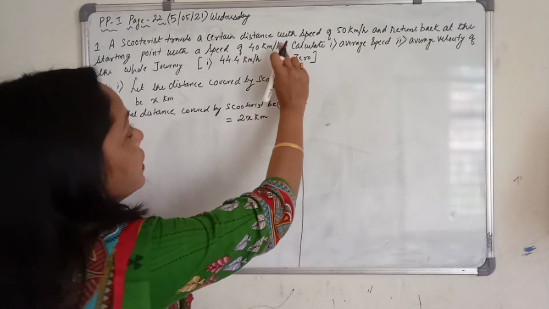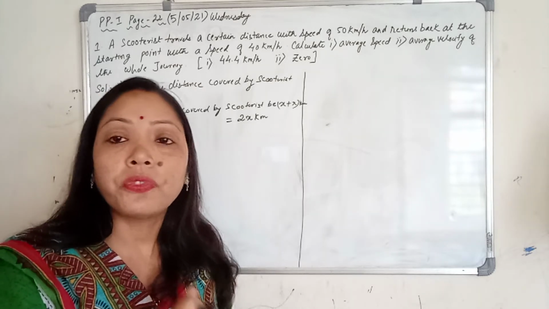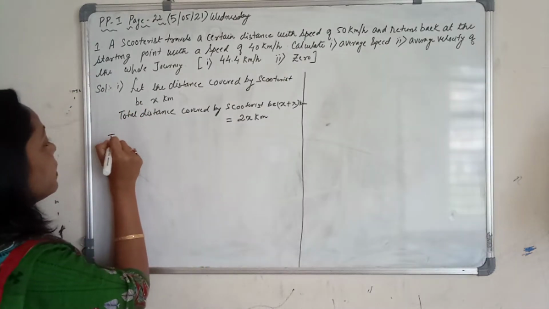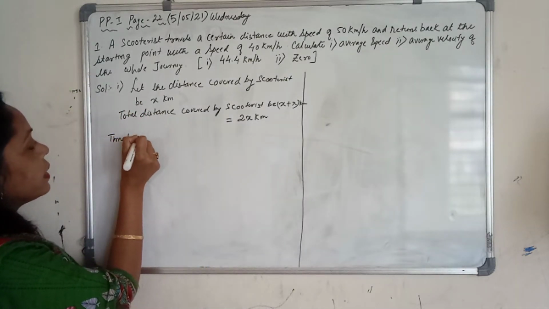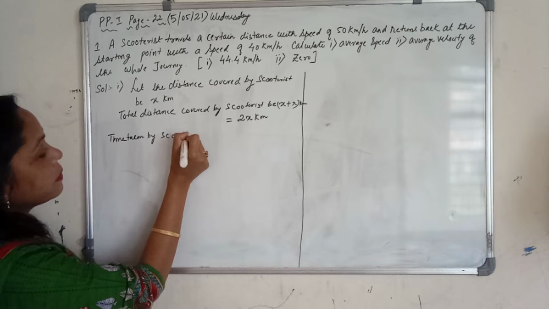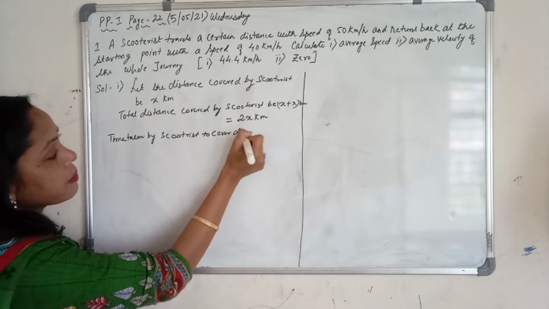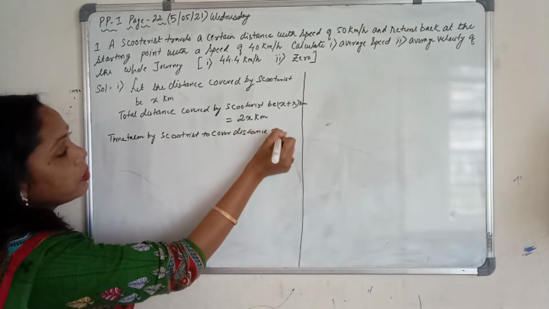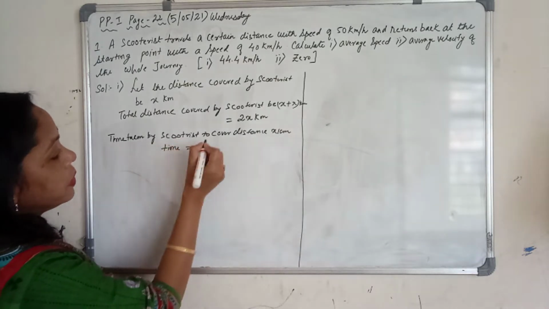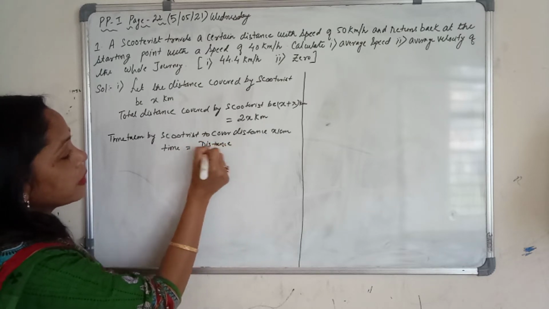Now the speed while going is given as 50 kilometer per hour. So from this speed, first we will find the time taken. Time taken by the scooterist to cover distance x kilometer, that is, time is equal to distance by speed.